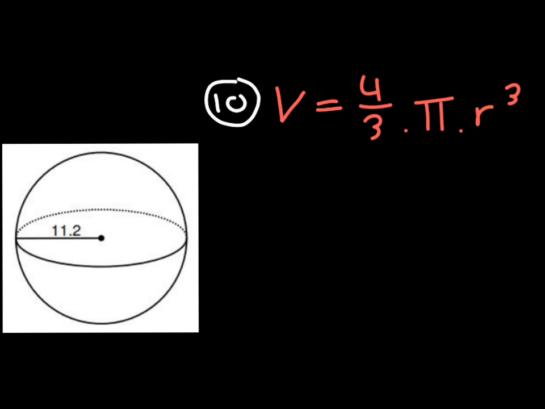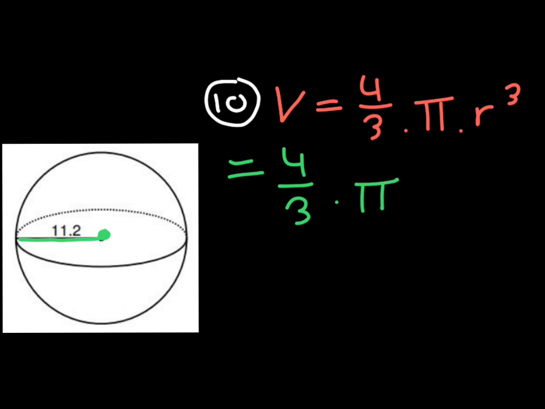We can see this because the line, which is being given by 11.2, extends from the center of the circle to the edge of the circle. It is not a line which extends from one side of the circle to the other. That would have been our diameter. Instead, they give us the radius. So we can substitute the value for the radius into our volume formula.